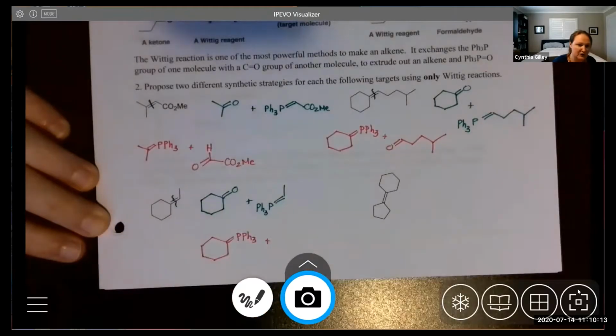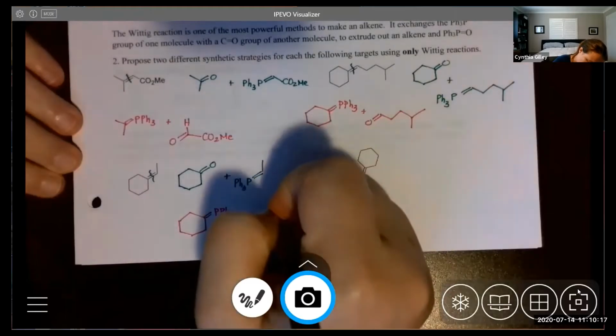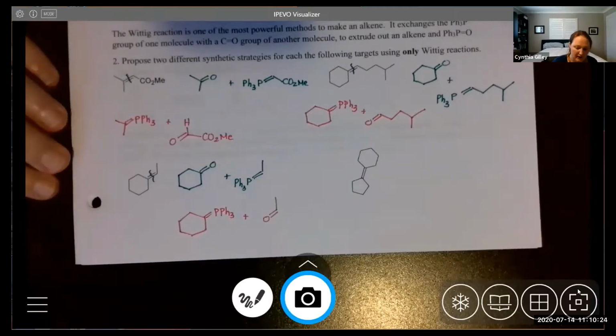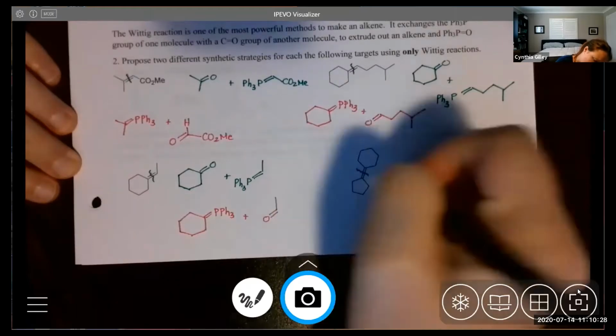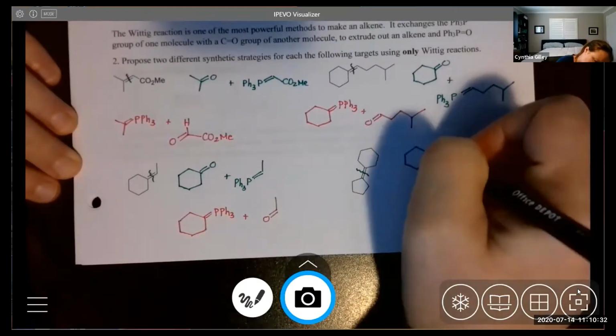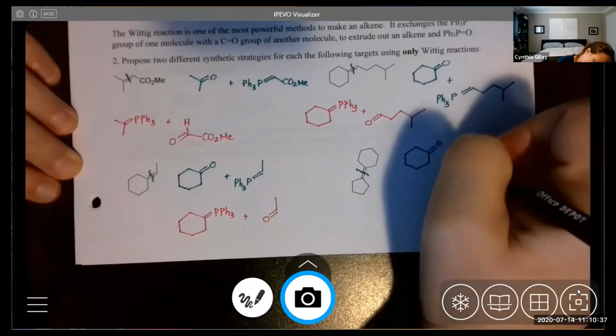And I think people generally use the double bond form of the ylide just because it's easier than drawing out the lone pair charges. All right, so next one. One component.